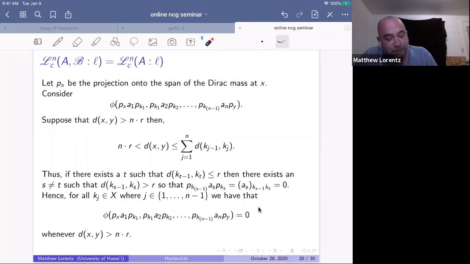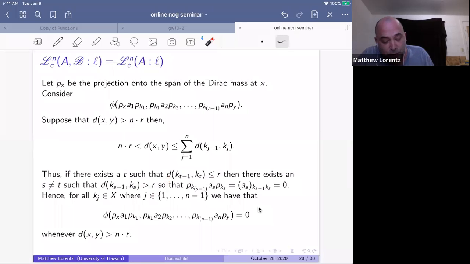And if the distance between x and y is bigger than n times r, well, by the triangle inequality, we have that if any one of these k_{t-1}, k_t, those are elements of X, has distance less than r, then there's going to be another one whose distance is greater than r.